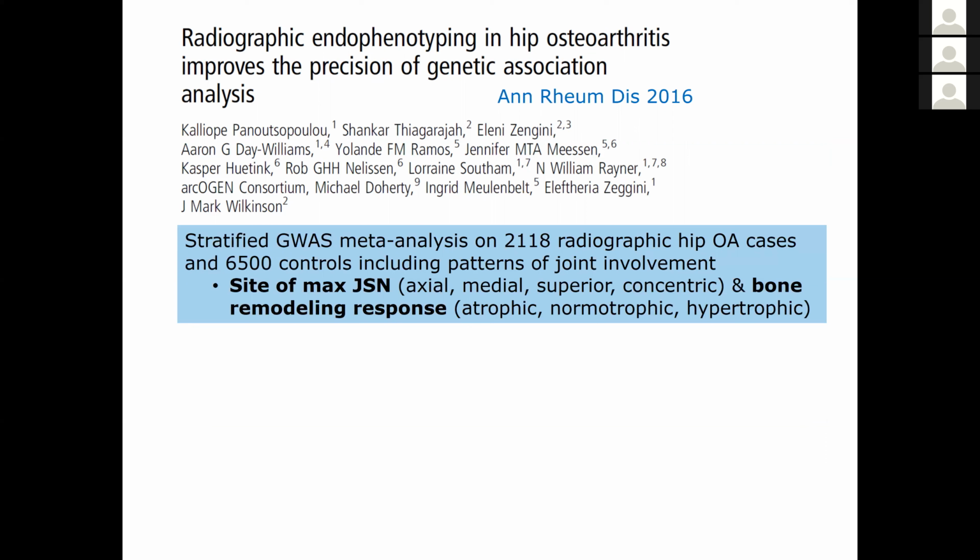The idea was to combine a phenotyping approach using radiographs and the genetic results from the GWAS study. So they wanted to see if defining different hip OA phenotypes would help in the genetic analysis. They looked at where in the hip was the maximal joint space narrowing, and then they had measures of bone remodeling response as shown there.